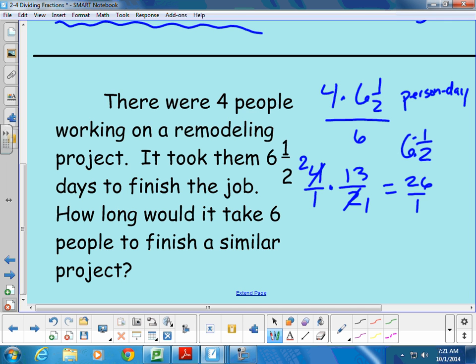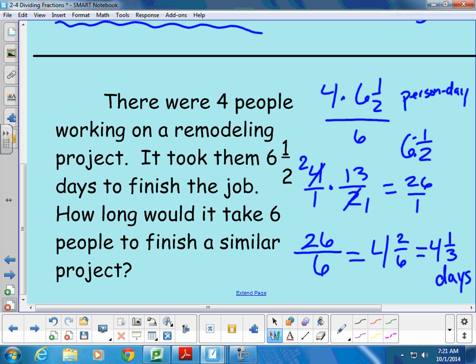So right now we're seeing that it took 26 days. So we're going to divide by 6 for 6 people. And then we're going to find out how long it would take. And you can simplify that by saying 6 goes into 26 4 times with 2 remaining, which simplifies to 4 1/3. And that's going to represent days.